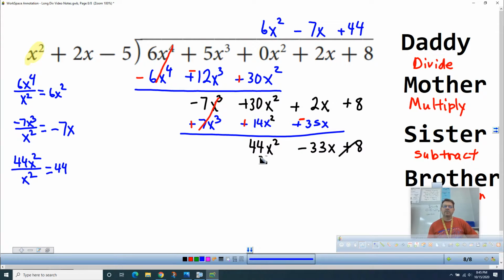Okay, that's now ready for mother multiply. So 44x squared plus 88x. And then negative 5 times 44, negative 220. Are you ready to do some subtraction?